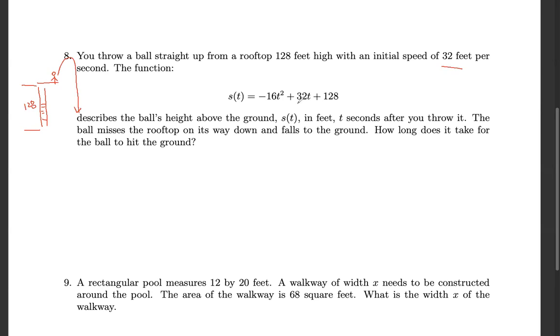You see 32 shows up here, speed. The function is represented as this. So this is a position function. S means the position of the ball, as a function of t, equals negative 16t squared plus 32t plus 128. Remember yesterday we talked about polynomial end behavior.